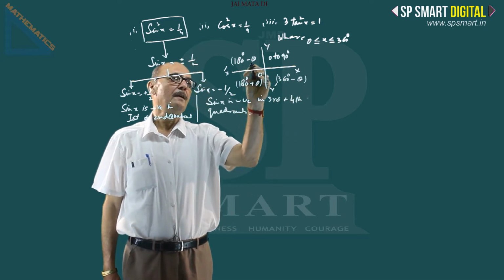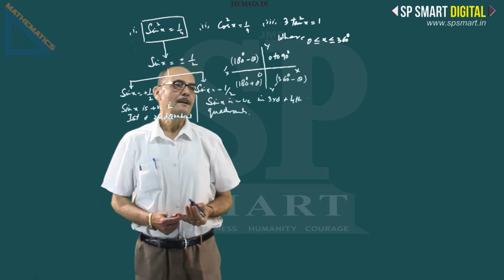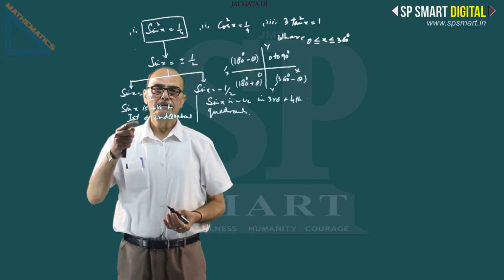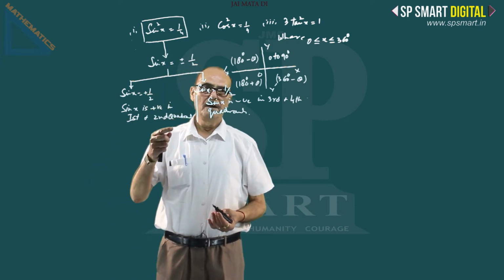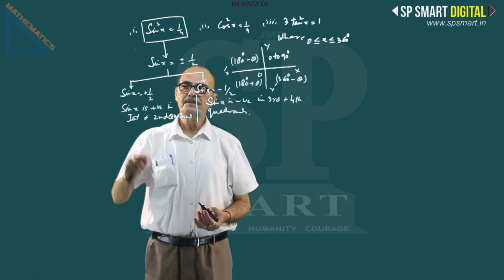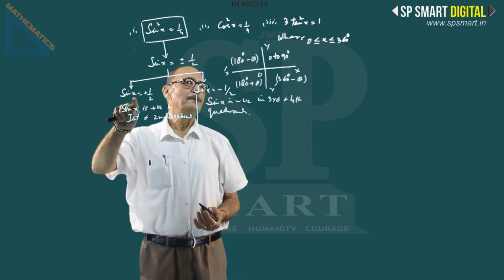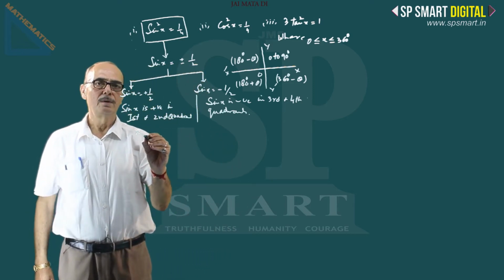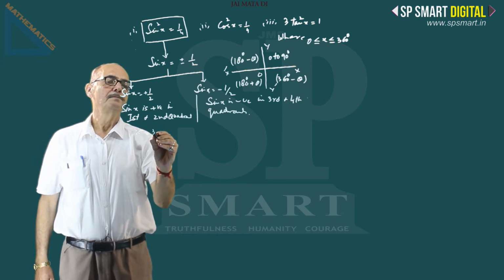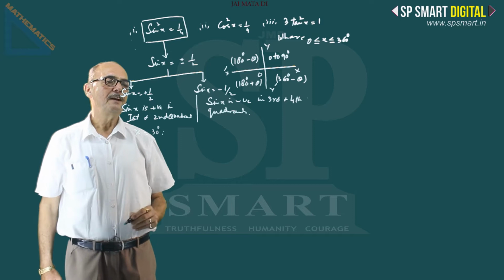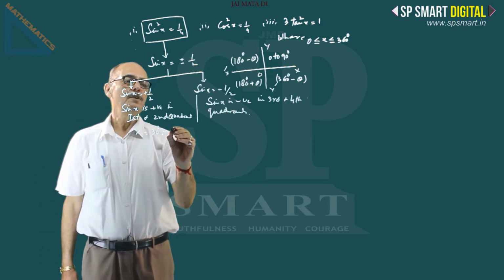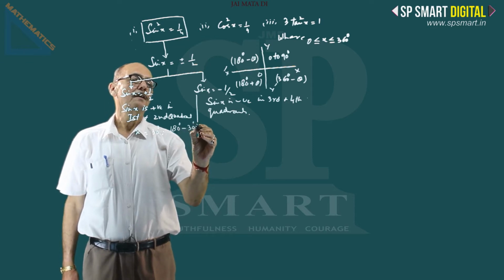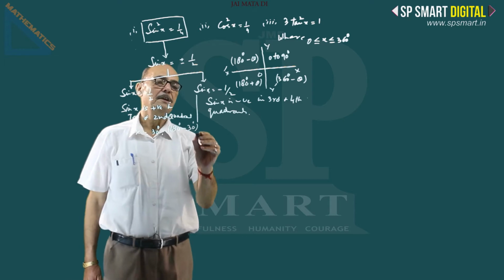Well, here theta stands for the value of the trigonometric function in the first quadrant. Now, for instance, if sin x is 1 by 2, in first quadrant we have x equal to 30 degree. Now, to find value in the second quadrant, we make use of 180 degree minus 30 degree, the value in the first quadrant 30 degree.